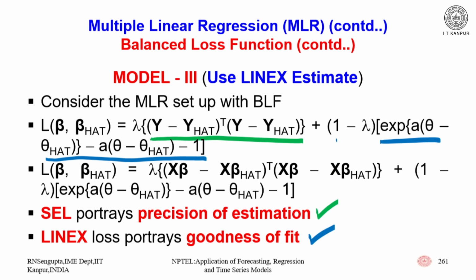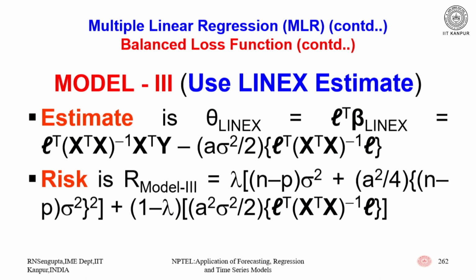So, once I have the background, the environment is a combination of squared error and LINEX. As lambda is 0, the environment is totally LINEX, and if 1 minus lambda is 0, which is lambda is 1, the environment is totally squared error. Now, in this case, there is a change.